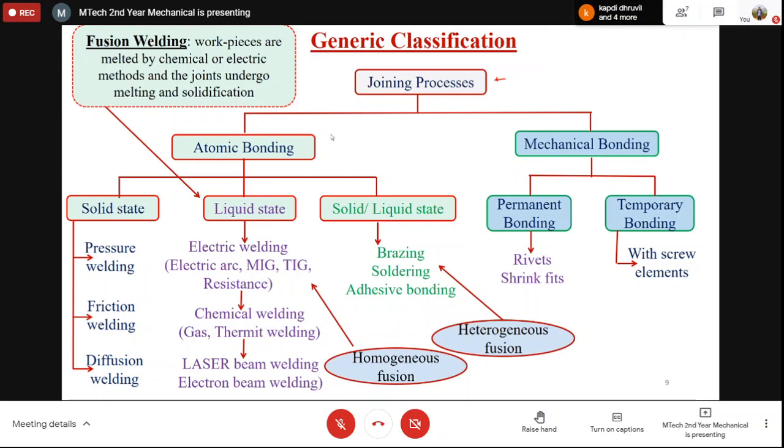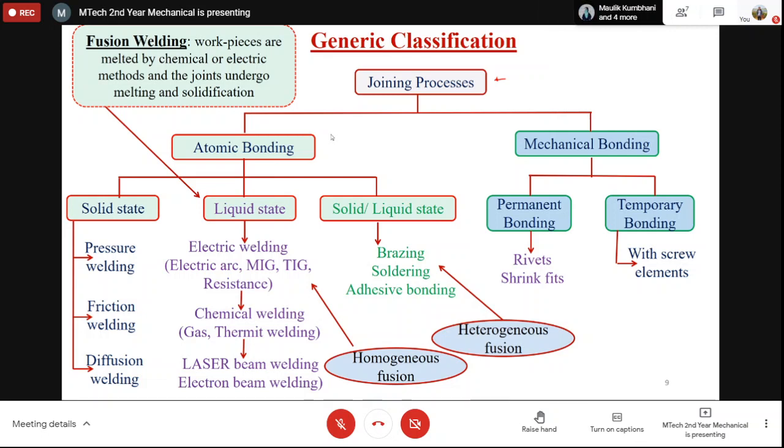There they get a new microstructure, which may be similar to the parent metal, or somewhat different in mechanical property compared with the parent metal. At that level, we say it is atomic bonding, or just mechanical bonding. In mechanical bonding, there is no change at the microstructure or atomic level. They are just joined together.